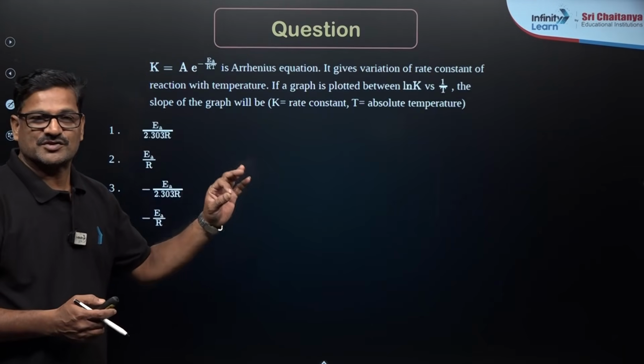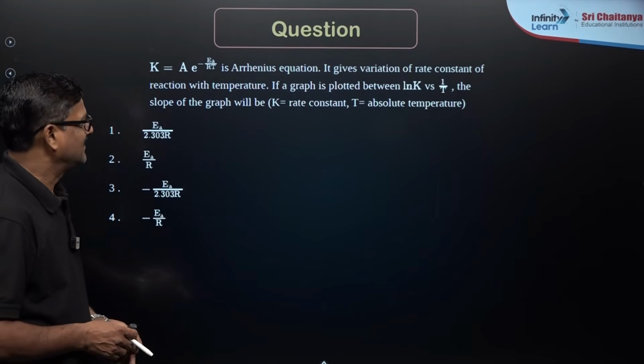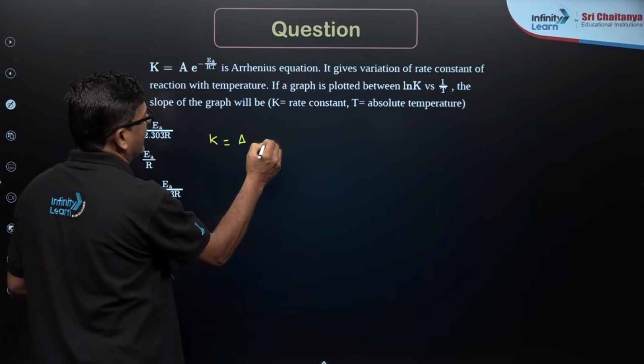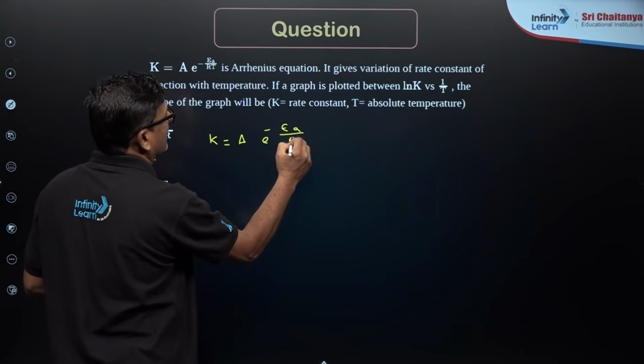Students, it's a direct question from the Arrhenius equation. So Arrhenius equation is given as k is equal to A exponent negative Ea by RT.